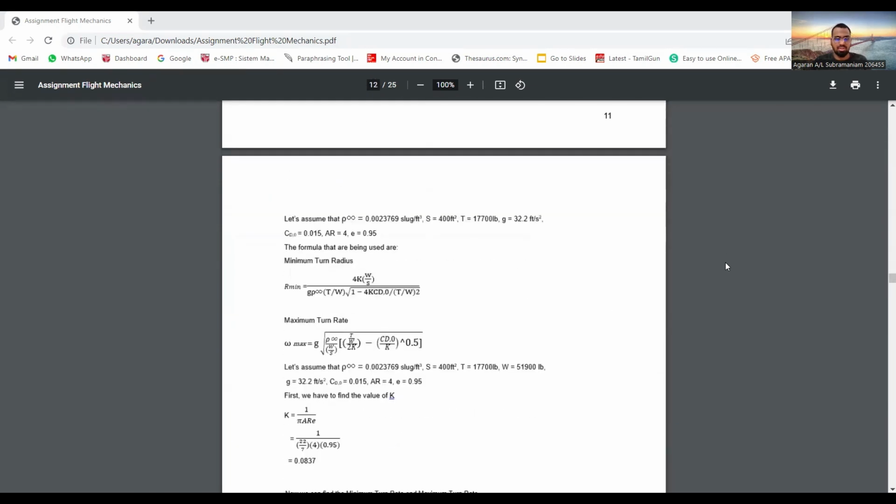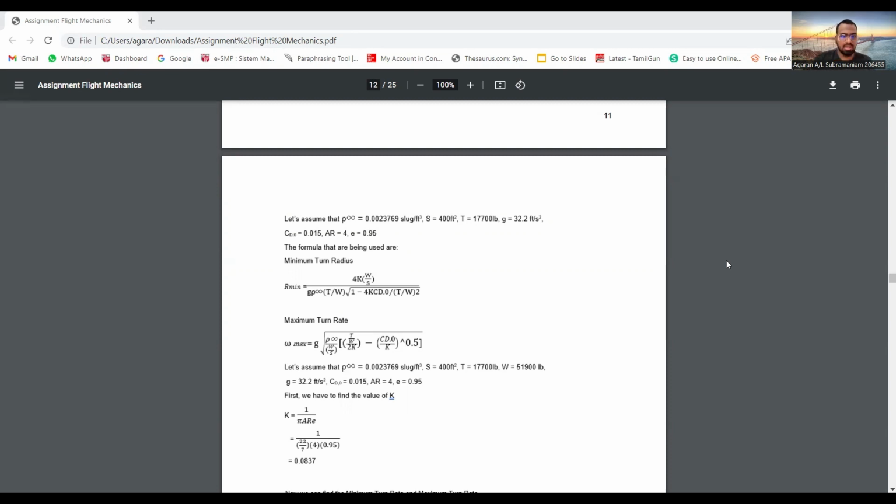Now let's look at the minimum turn radius and also maximum turn rate. In order to gain all these values, we need to assume rho, S, which is the area, the thrust, and also g.